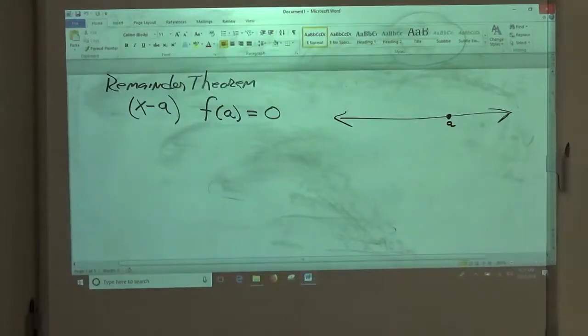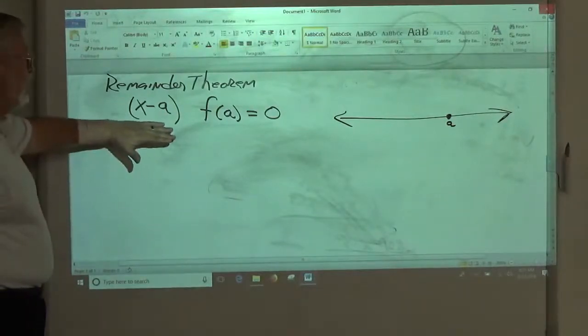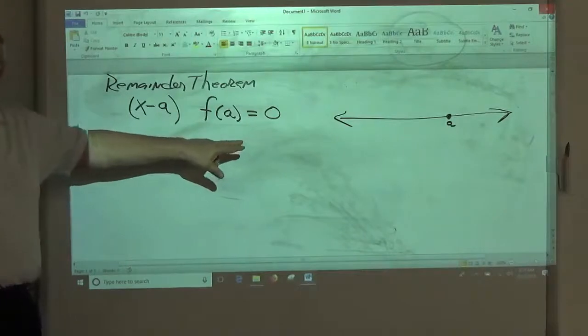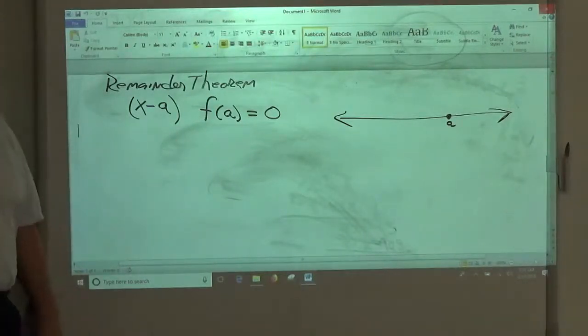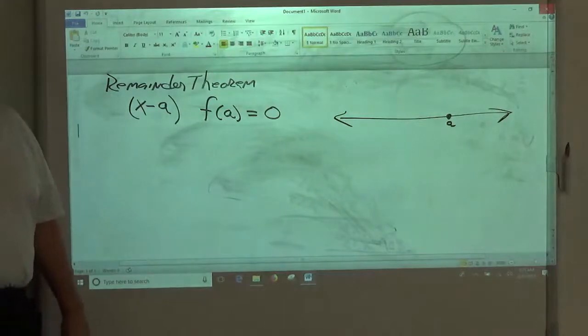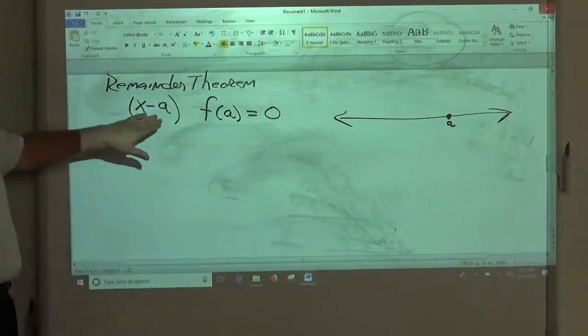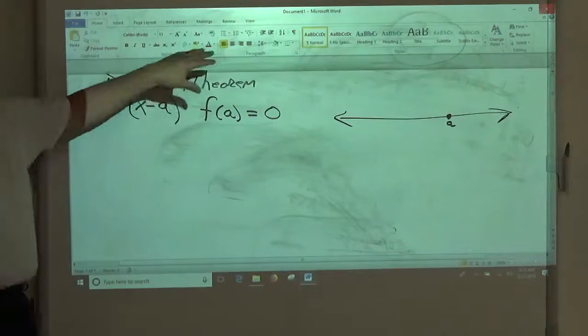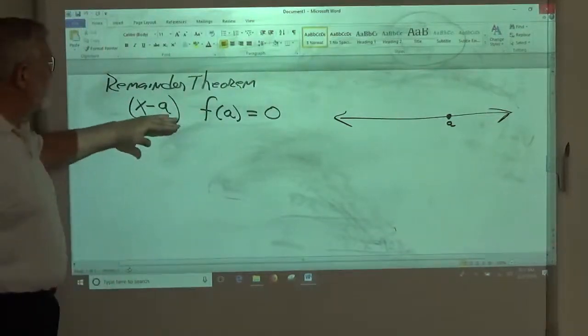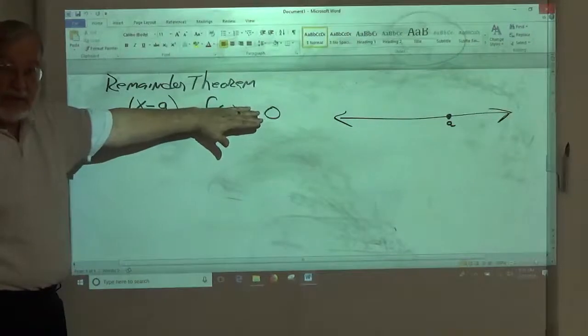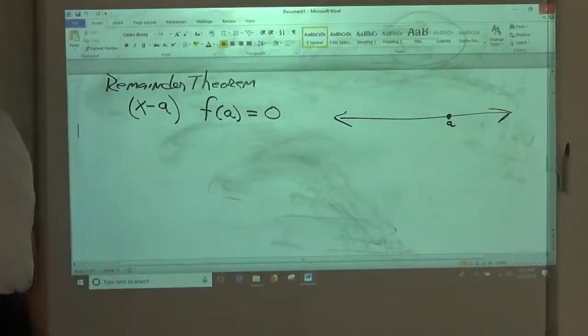Alright, now, if you find a 0, if you find a value that is a solution, then sometimes you have to go with the long division and take this value and do long division to get this times some other polynomial as you begin to break it down.